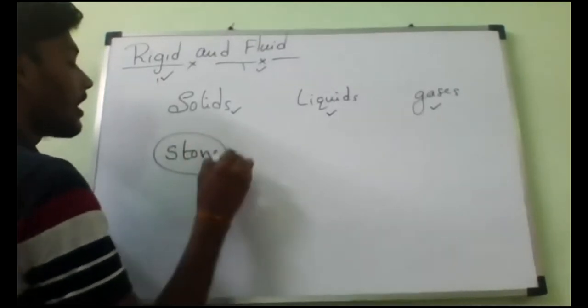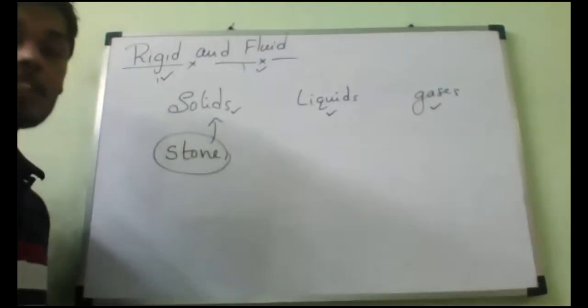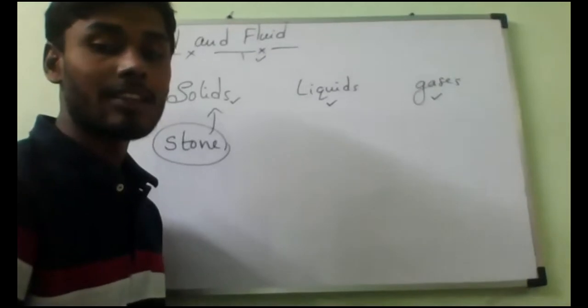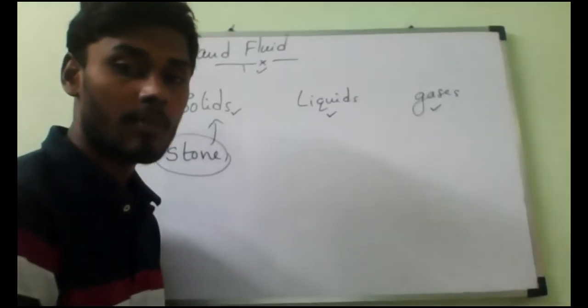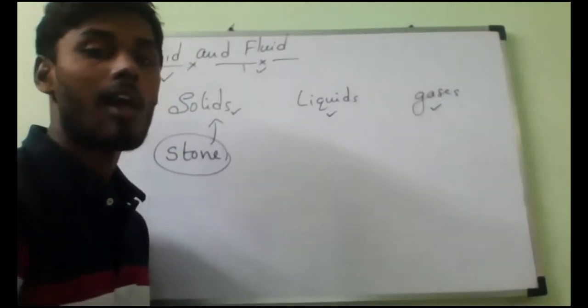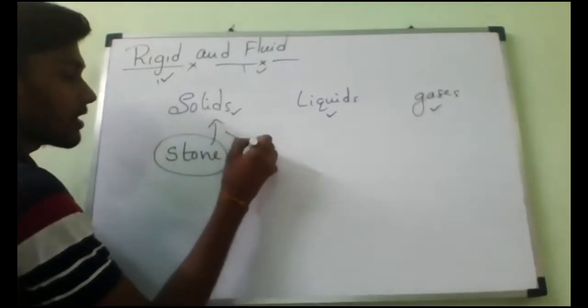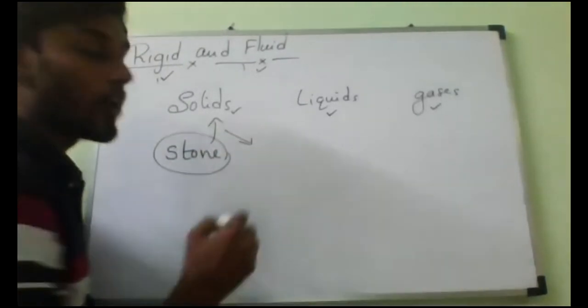Stone is a solid, liquid or gas? Solid. So solids are rigid in nature, yes or no? Yes. So solids are a rigid form of matter.